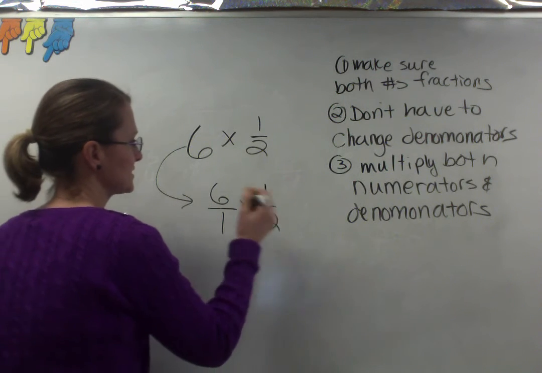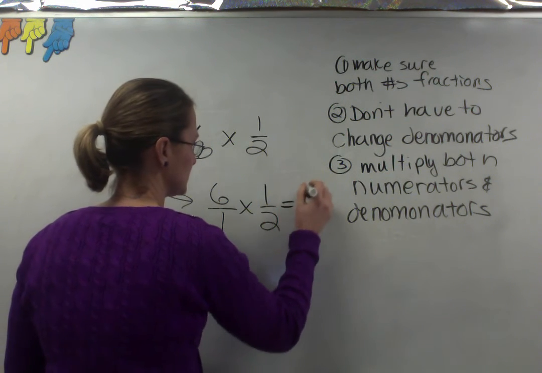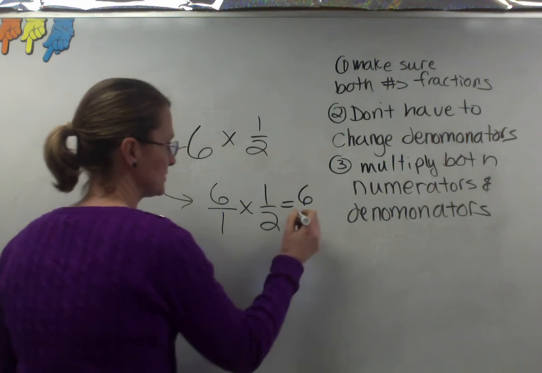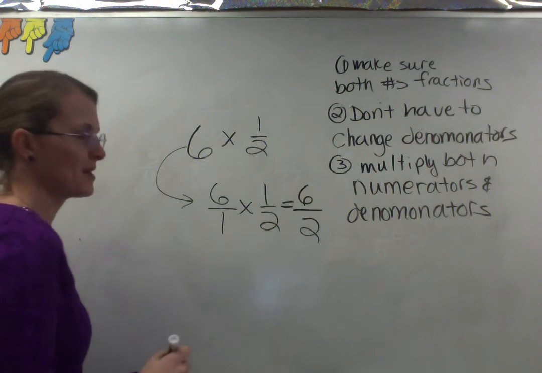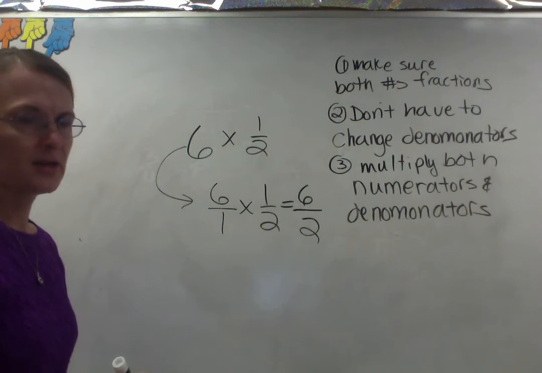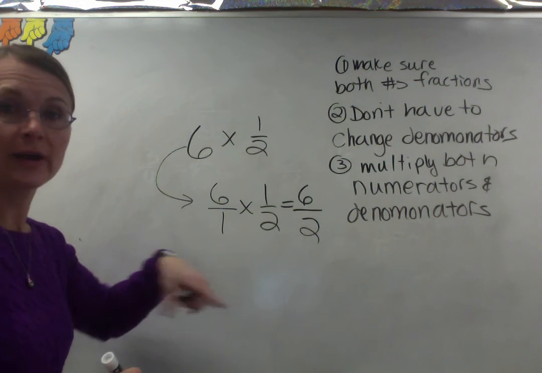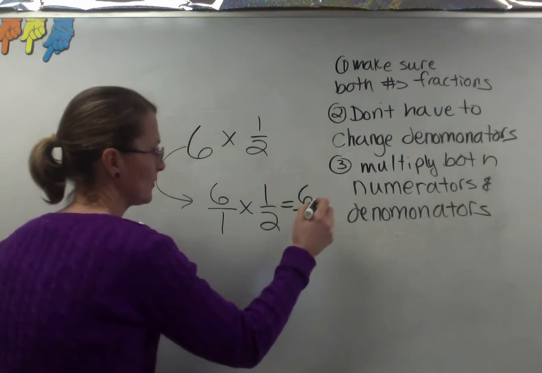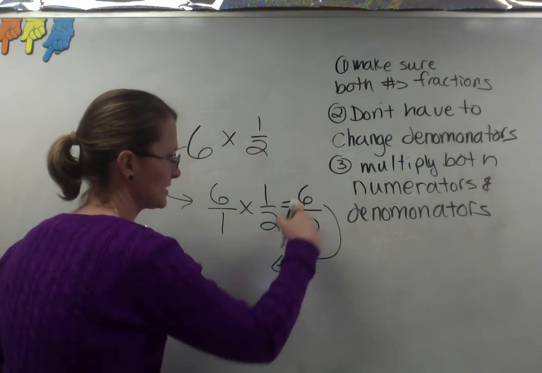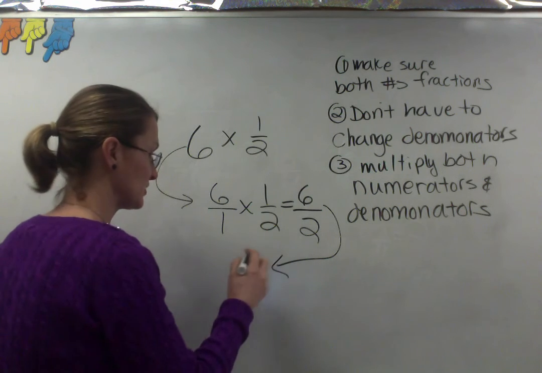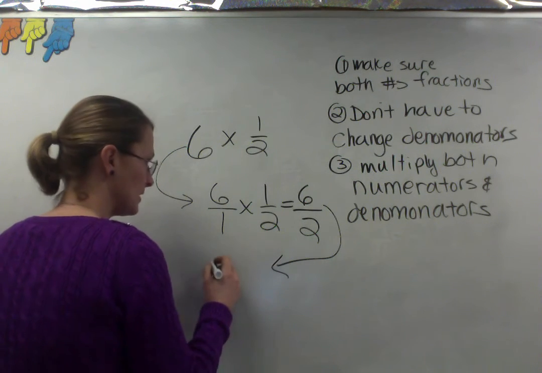So we're going to do 6 times 1, which is 6, and then 1 times 2, which is 2, which makes sense because we have 6 groups of halves, so we have 6 halves, okay? Then we need to turn this improper fraction into a mixed number.